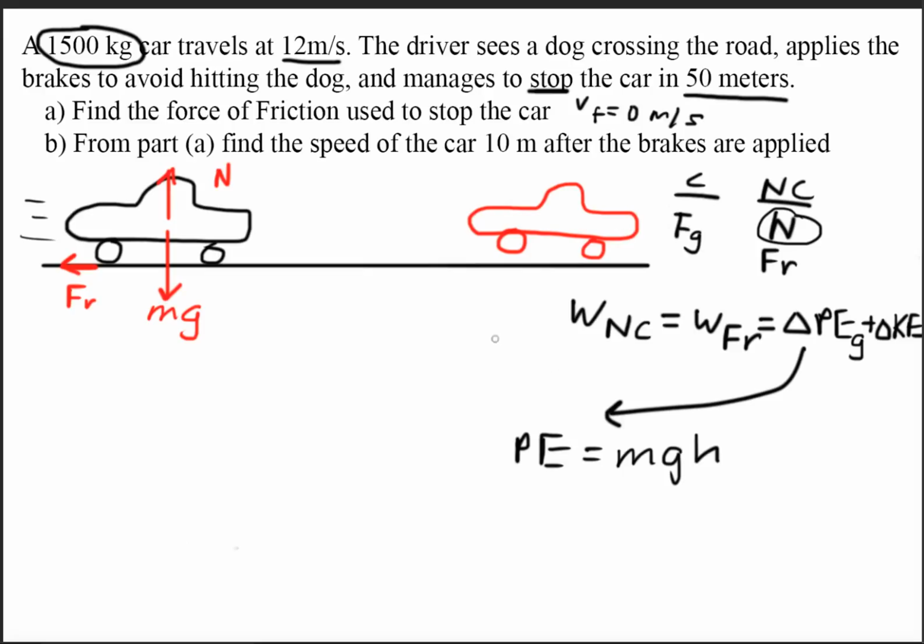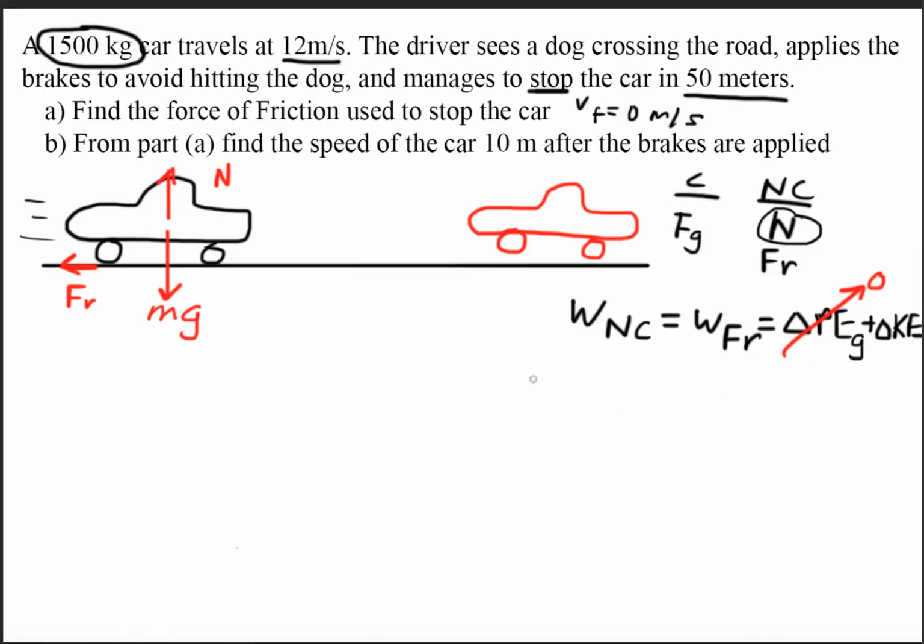Because the height is 0, our initial potential energy will be 0, and our final potential energy will also be 0. Therefore, we can claim that this will be 0. We can cancel this part of the expression out.